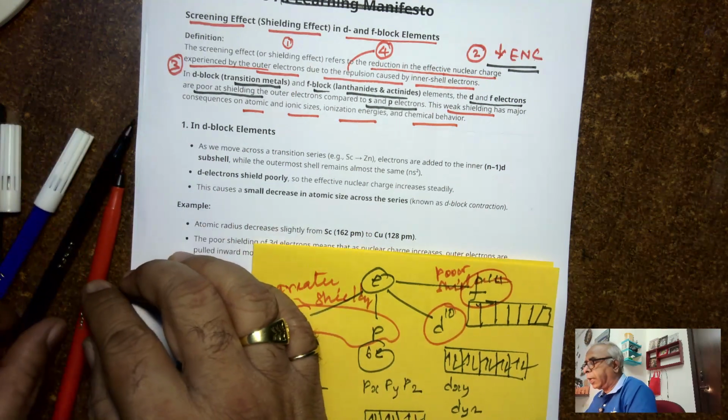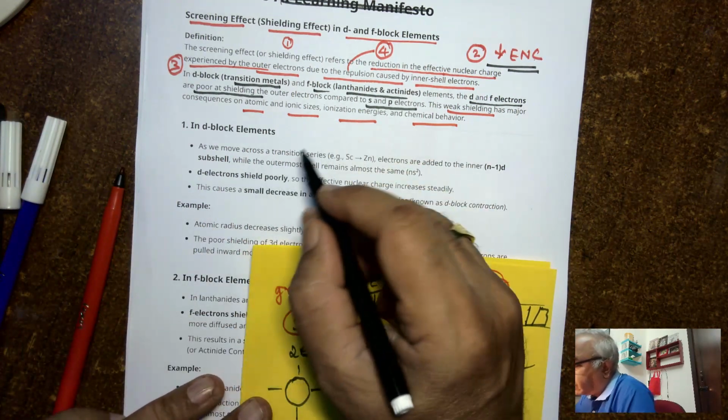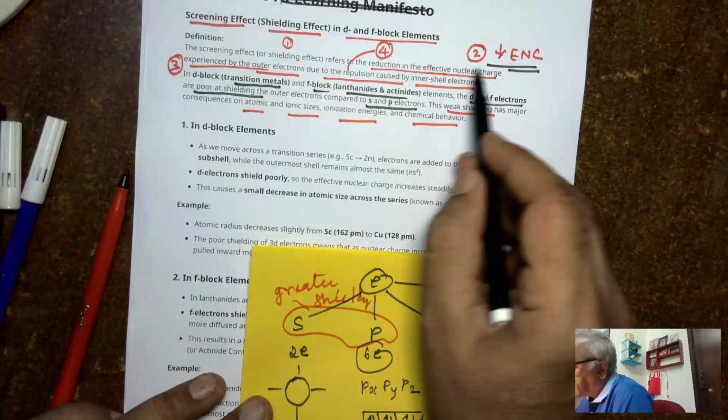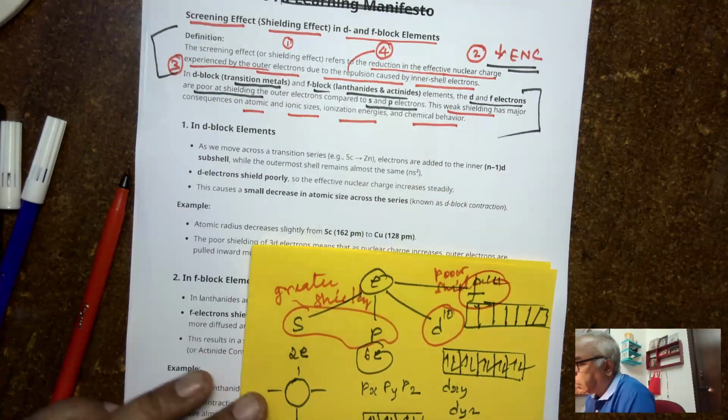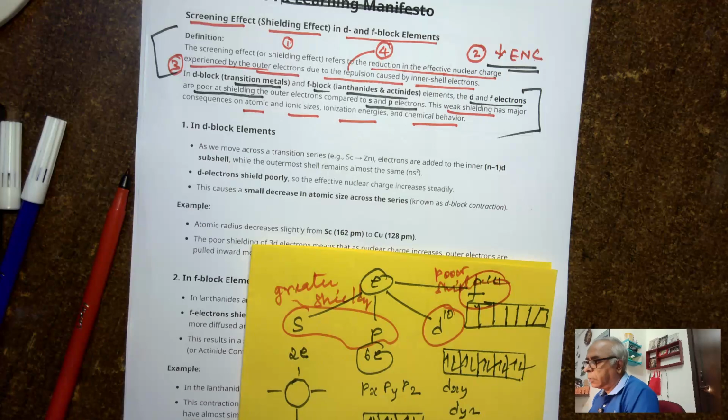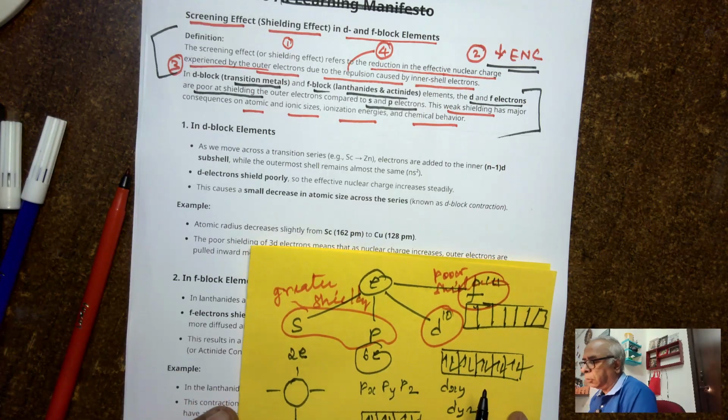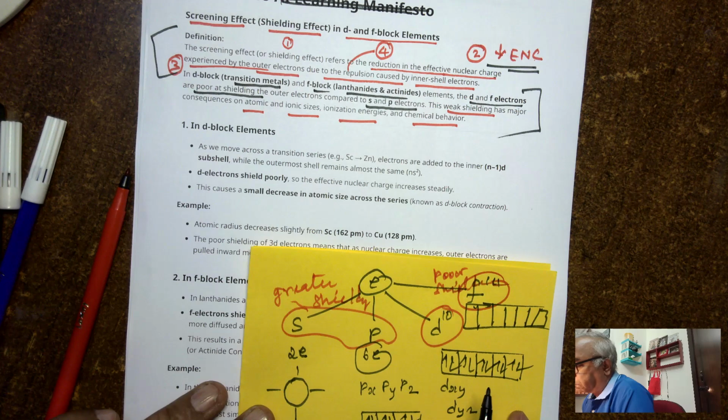So how many points we have got here? This is the definition part, and here you have got additional points that describe the impact of this screening effect. What are the effects of this screening effect?